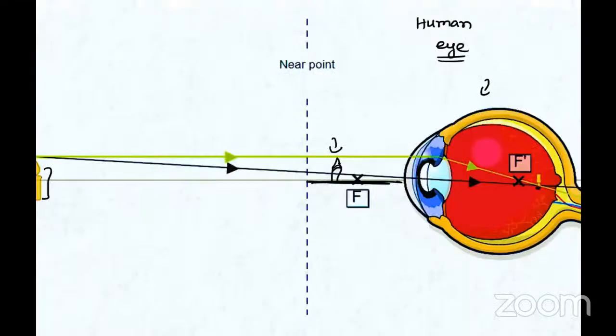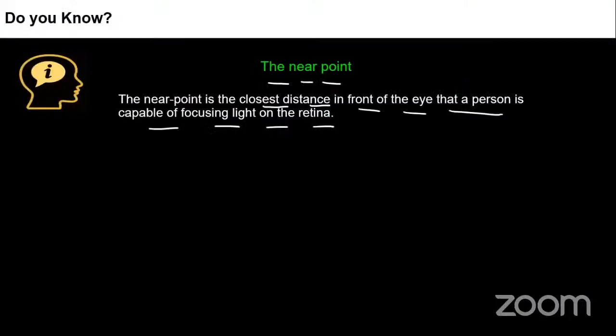If you keep your candle here or somewhat here, it will not be able to form the image properly. So that minimum distance is the near point. If you decrease the distance more, you will not be able to see the object.